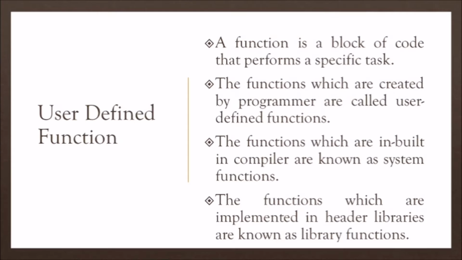The functions which are built into the compiler are known as system functions. The functions which are implemented in header libraries are known as library functions. So there are three types of function in total: user defined, system function and library function.